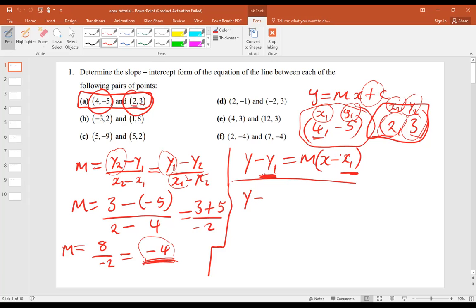So in this case, let me get this one. My y1 is just -5, so I'll put my -5 there. And then this is equal to, the gradient is just -4 anyway. Let me replace it in advance.